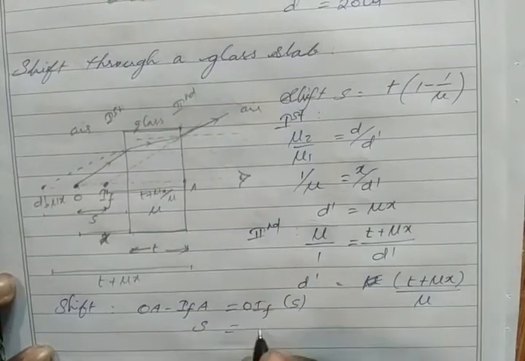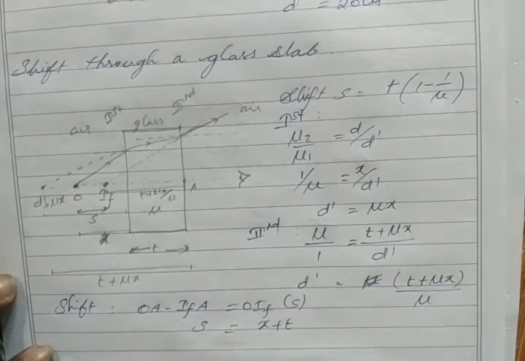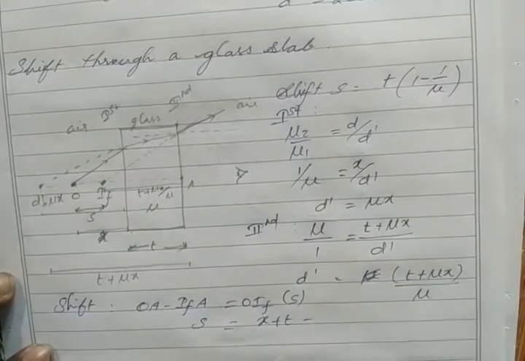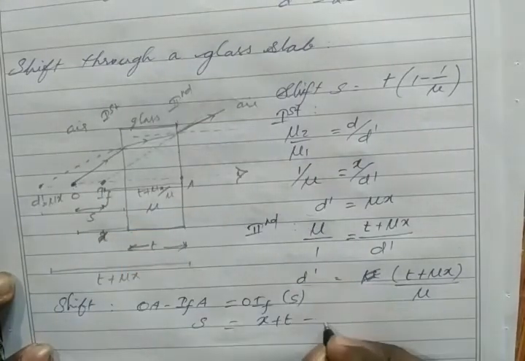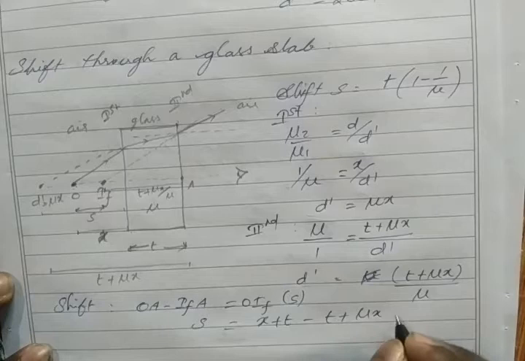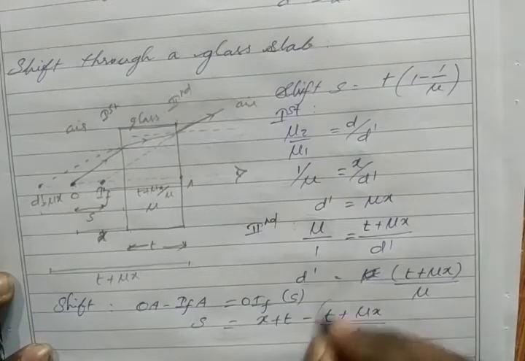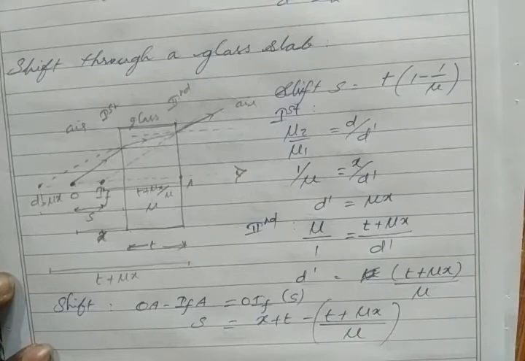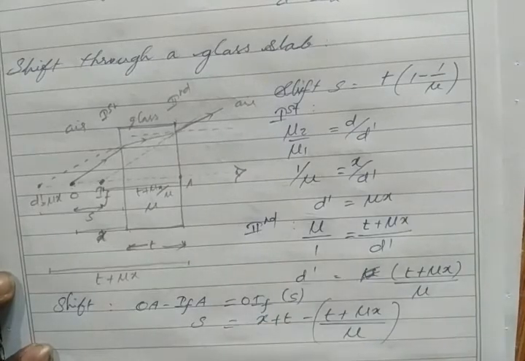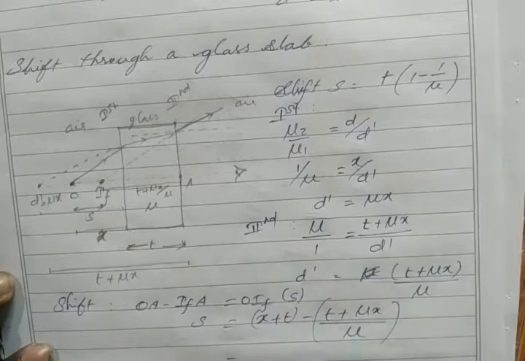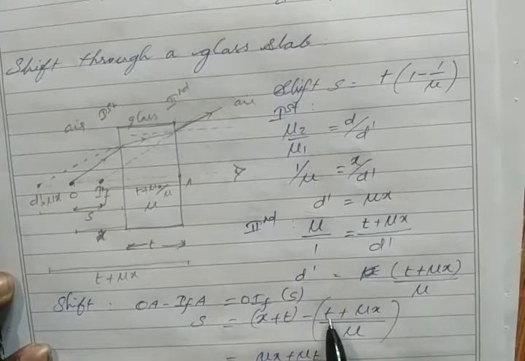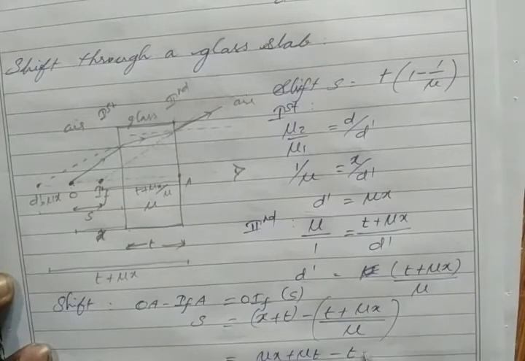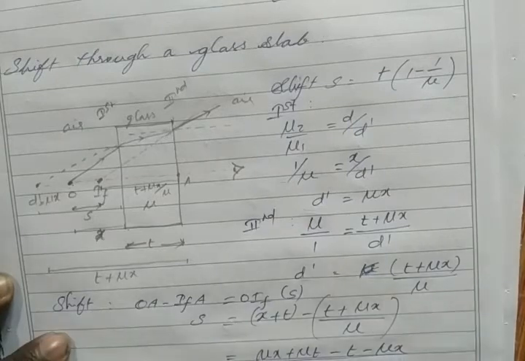S equals OA, which is x plus t, minus IFA. What is IFA? We found just now: IFA distance is t plus mu x divided by mu. So do the cross multiplication. We have mu x plus mu t, then multiply the negative sign inside: minus t minus mu x, whole divided by mu.